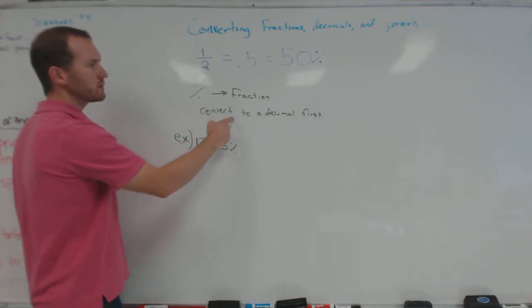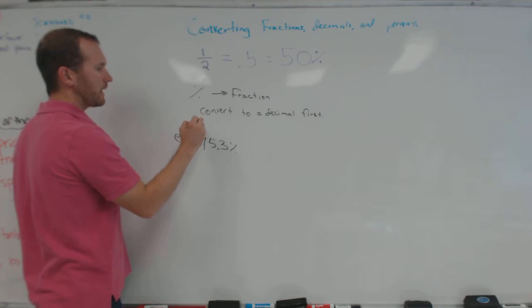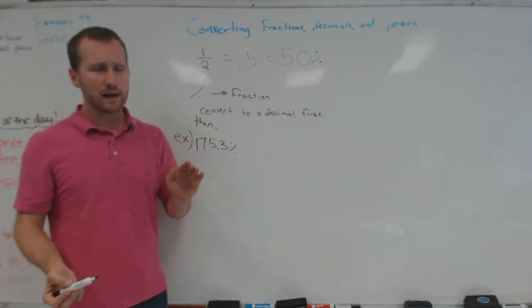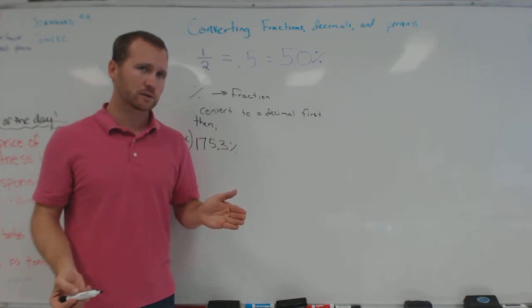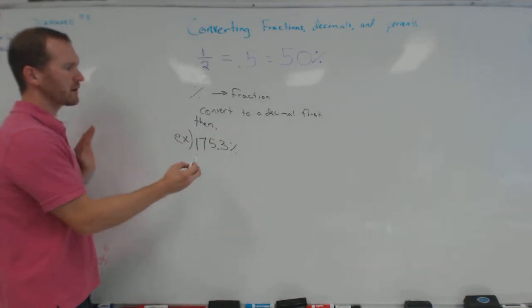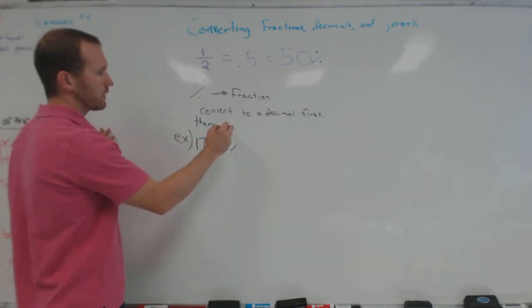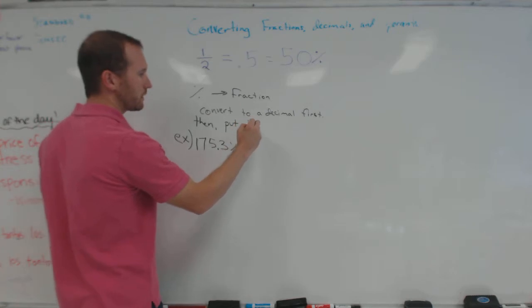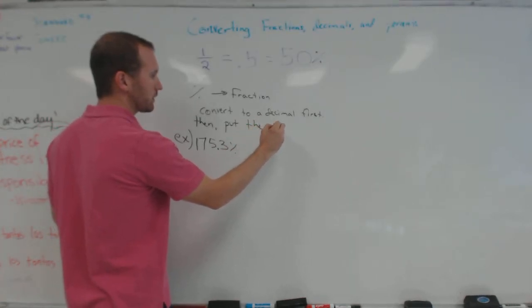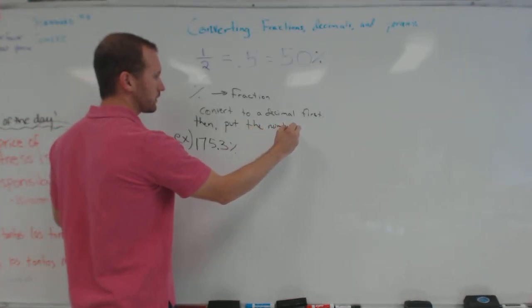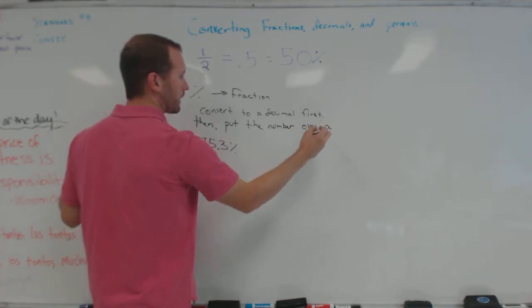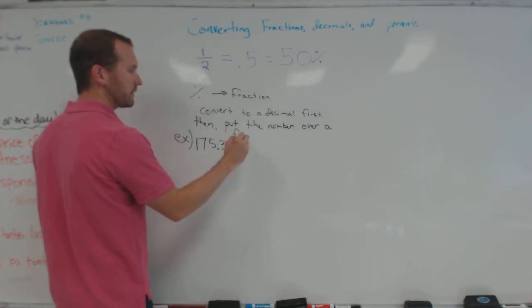So this says convert to a decimal first, and then follow the rules for converting decimals to fractions. Here's your rule for converting a decimal to a fraction. You put the number with no decimal over a factor of 10.